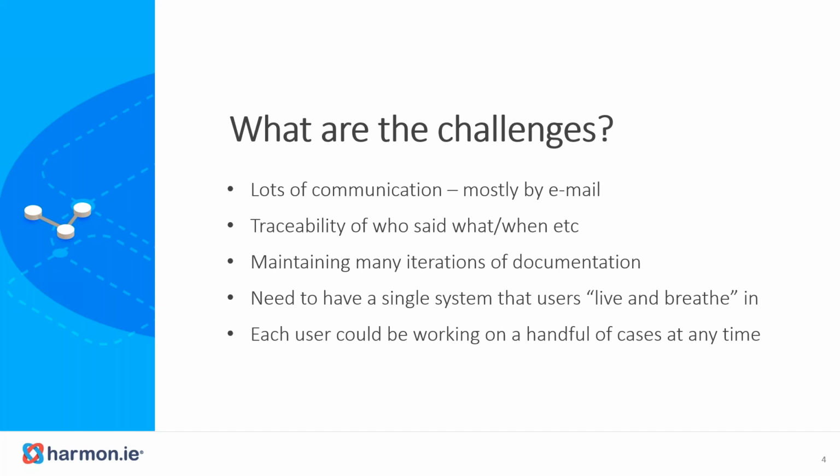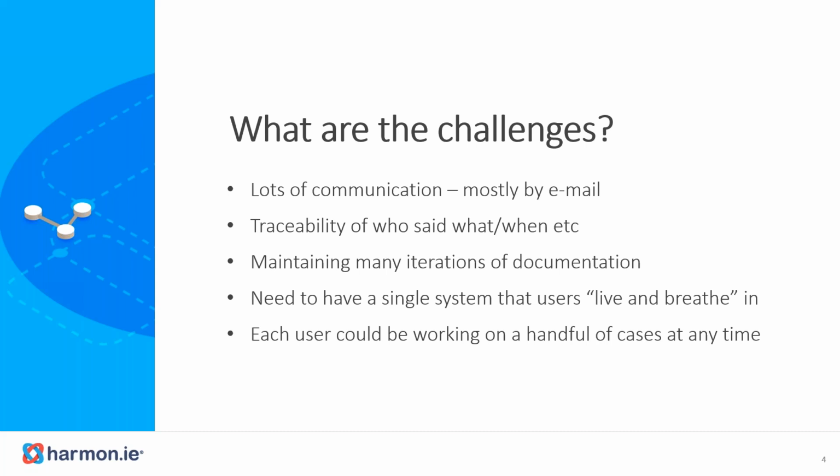It might also have encrypted data with that email, and there needs to be traceability of who said what to who, when, why, what advice was given, what approval was given. Even in the case of working with a solicitor when you're purchasing a house, there's a lot of documentation that goes backwards and forwards, and paperwork that needs signing off and going over and analysing and approving. So there are many iterations of those documents as well.